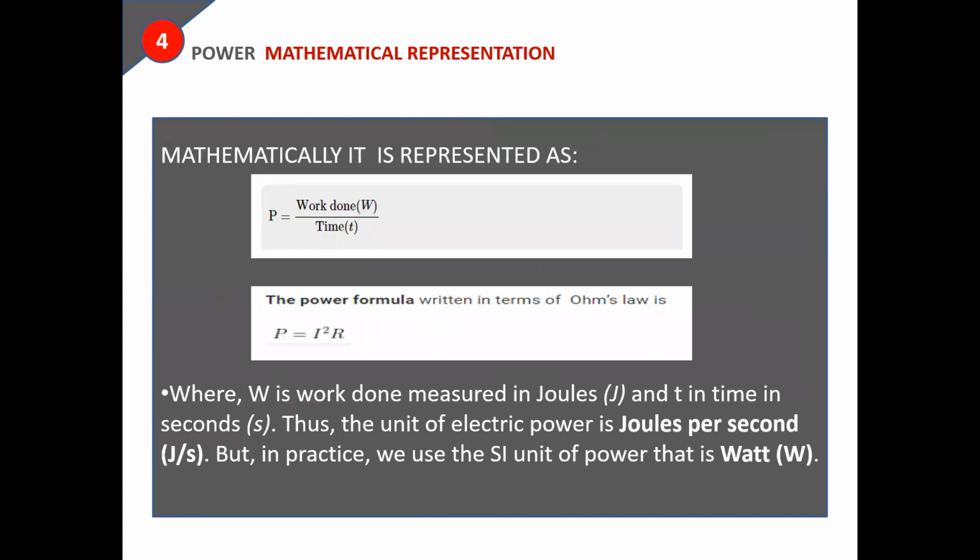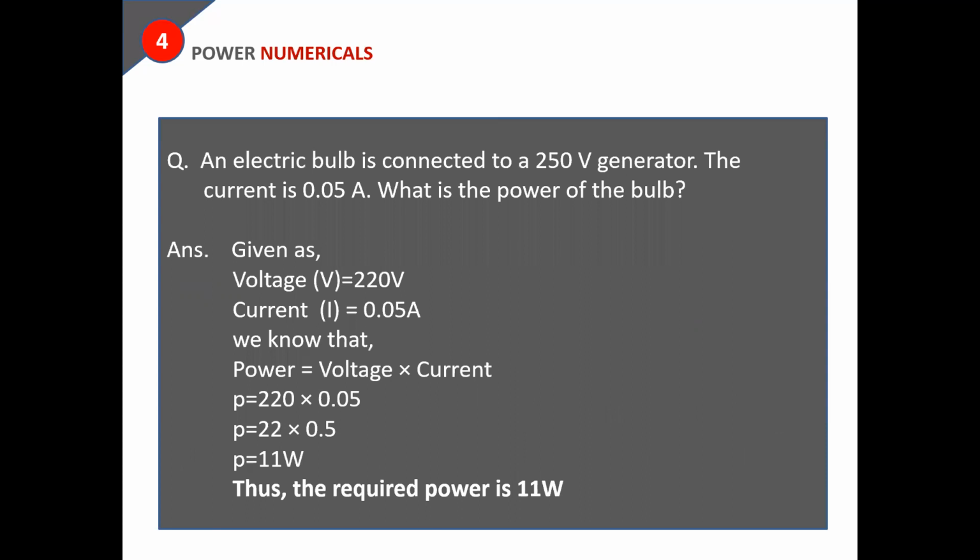Mathematically, it is represented as power = work done by time, or in terms of Ohm's law we can also write P = I²R, where I is current and R is resistance, W is work done measured in joules and T is time. Thus the unit of electric power is joules per second. But in practice the SI unit of power is the watt, capital W.